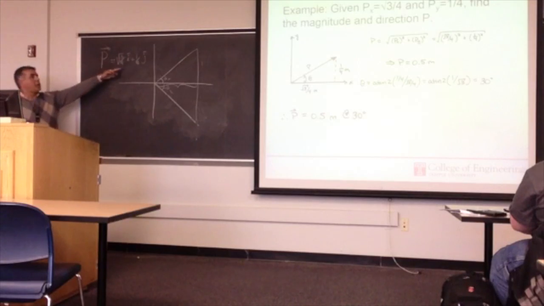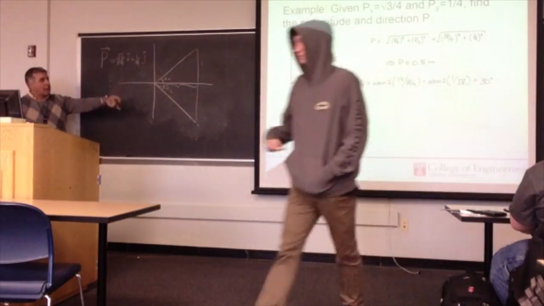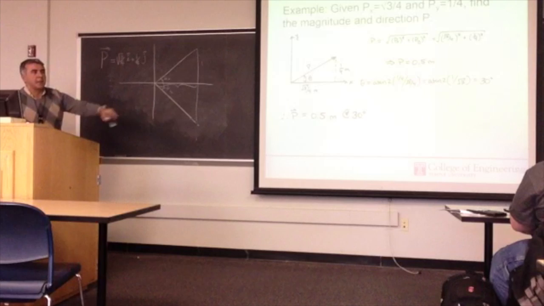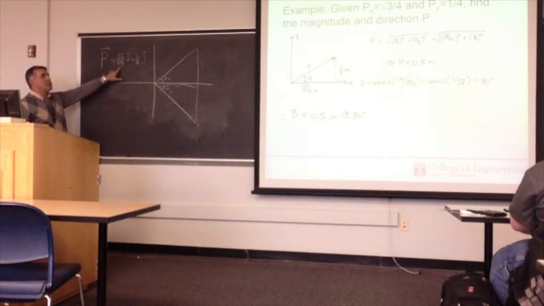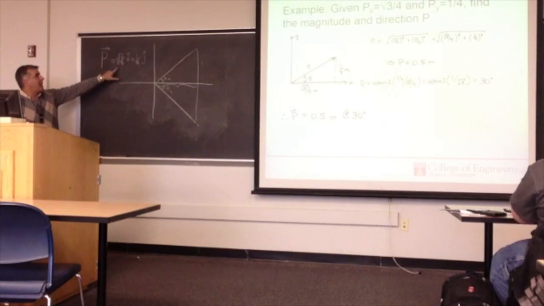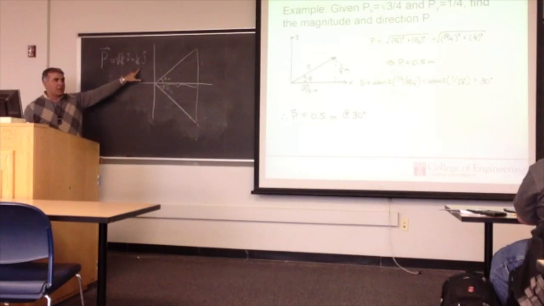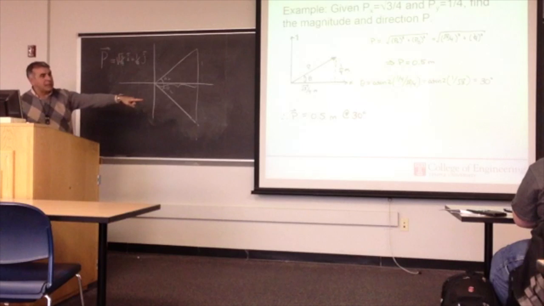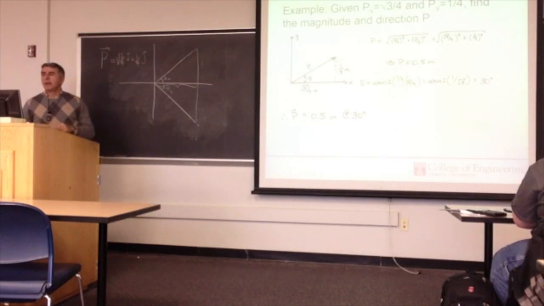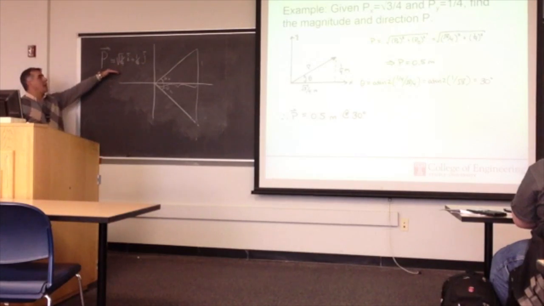This is called the Cartesian coordinate system. That is called the polar coordinate system. In a Cartesian coordinate system, you give the magnitudes in the x and y, or i and j, direction. In a polar coordinate system, you give it that way. If I had written it in a Cartesian coordinate system, what would the magnitude be?